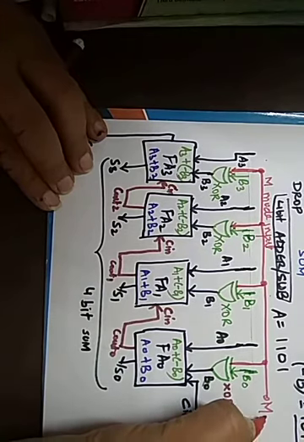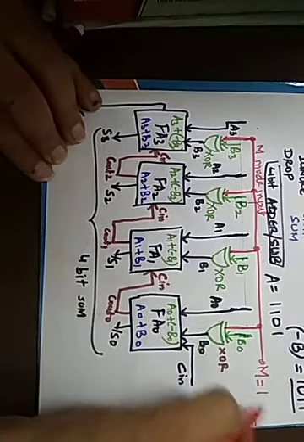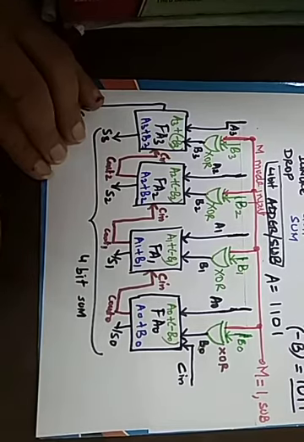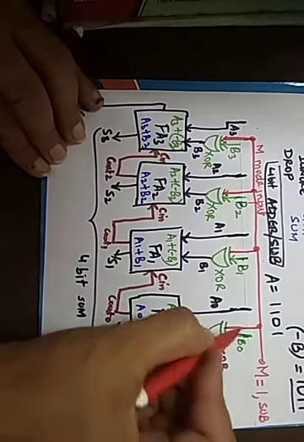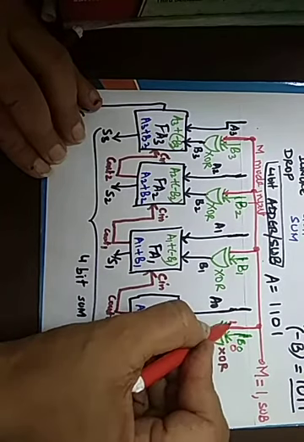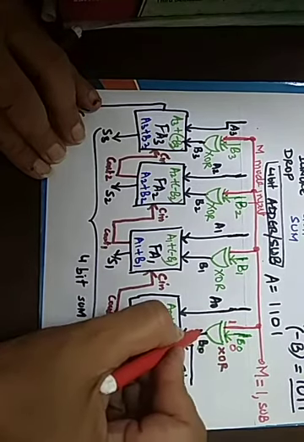And how will it perform the function of when M is 1, it should subtract? We saw that when M is 1 and the B is 0, 1 and 0 gives a 1.